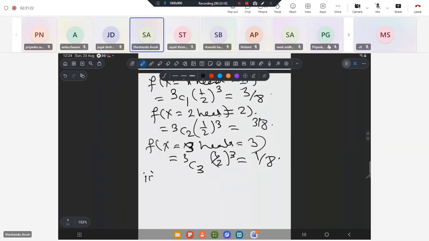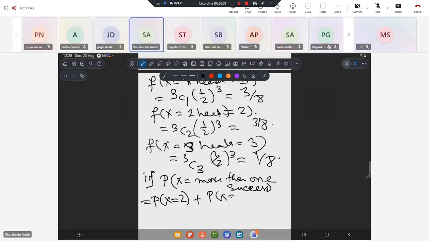Second one, probability x is equal to more than 1 head, that is more than 1 success. So if it is more than 1 success, that means P(x=2) and P(x=3). That's the more than 1 success. So from there we can take the numbers: 3 by 8 plus 1 by 8, that's half.